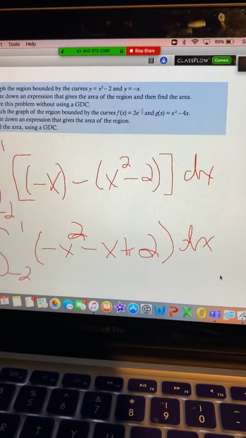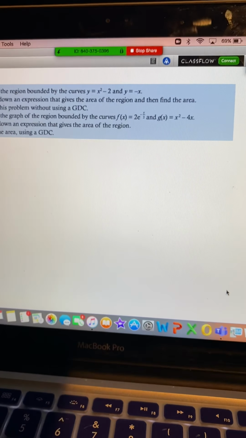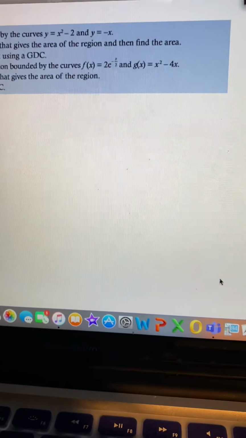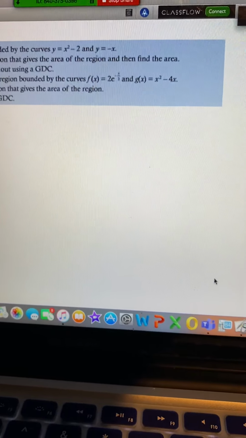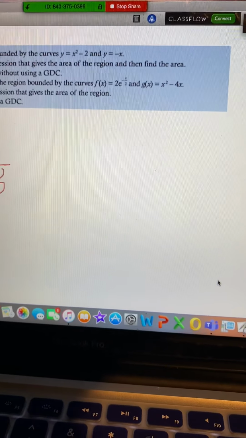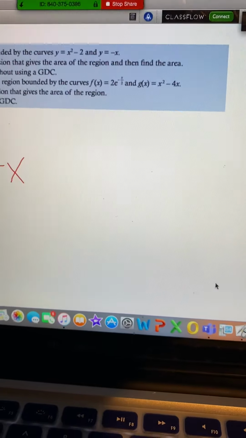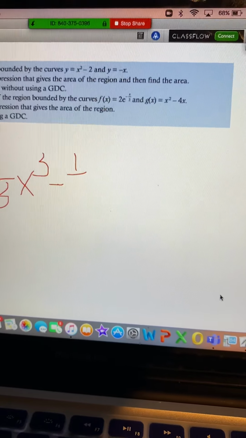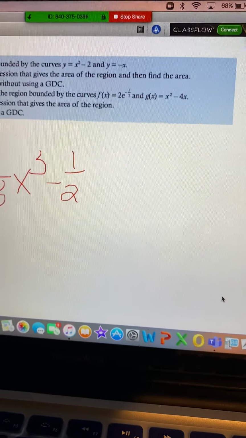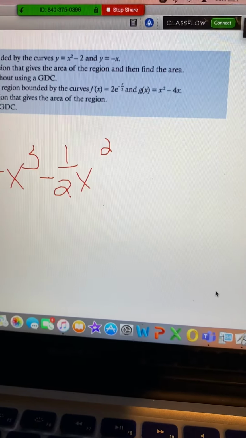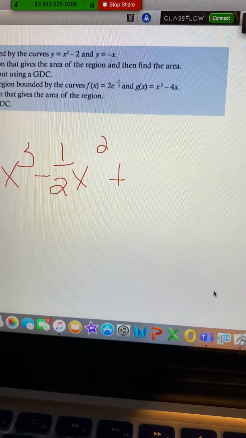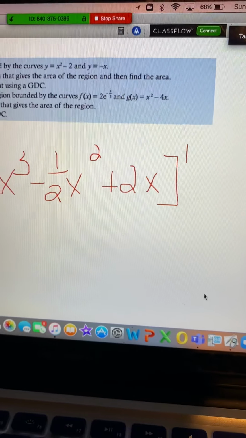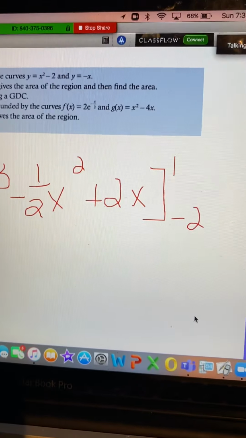So the integral of this will be negative 1/3 x cubed minus 1/2 x squared plus 2x from negative 2 to 1.